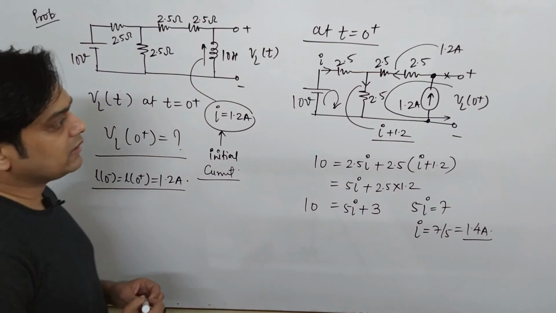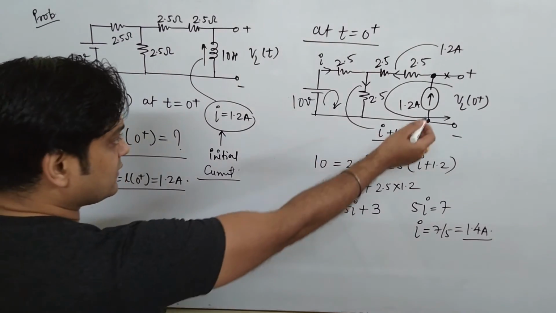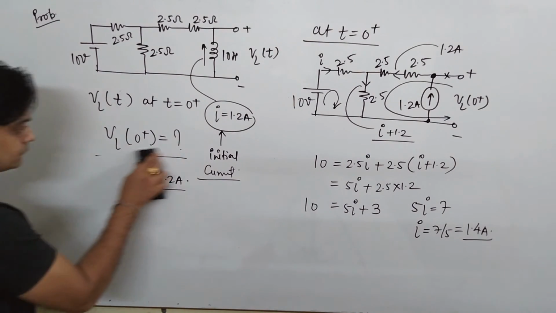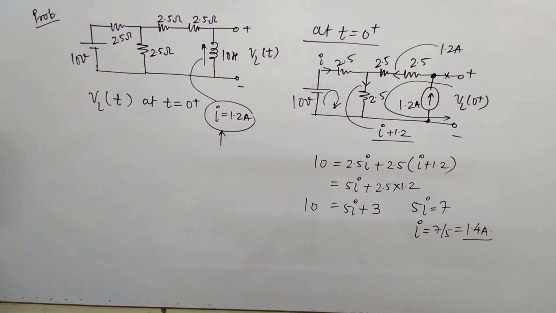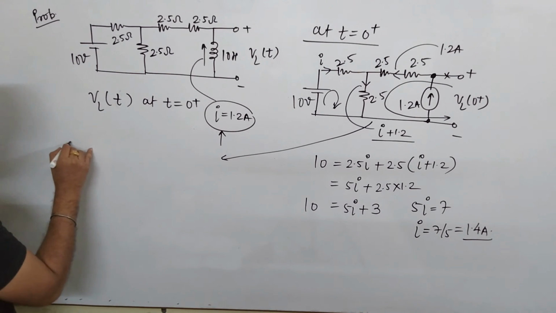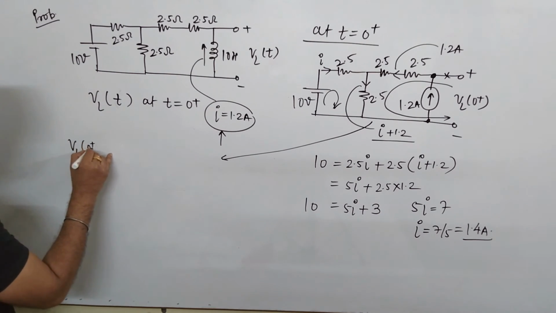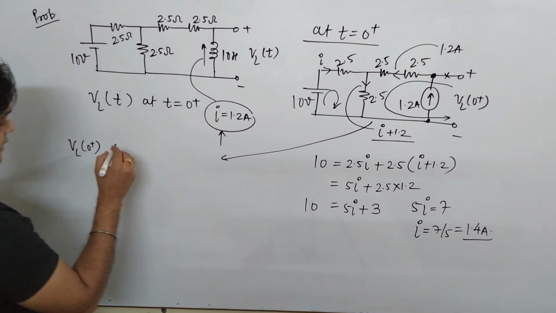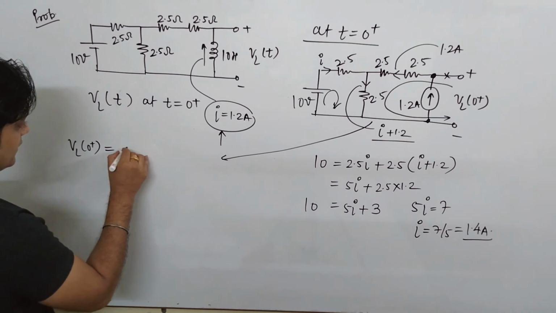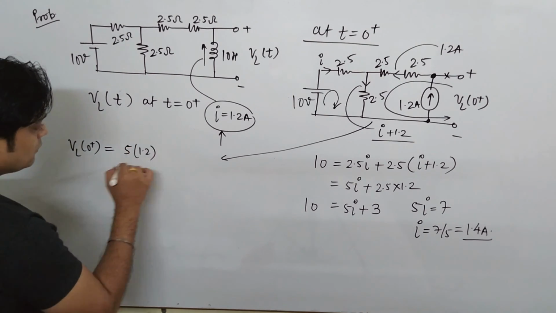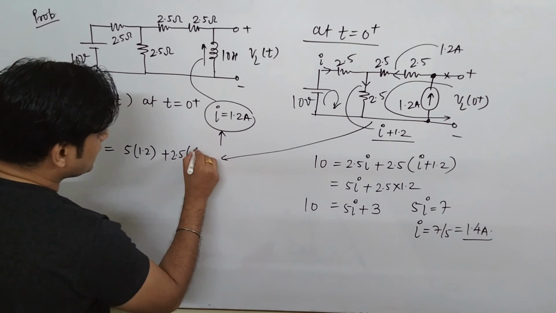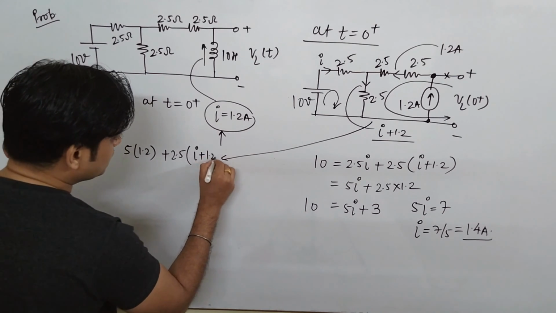Now once you know the value of I, can you find the value of VL(0+)? Yes, just by applying this loop. So here I am applying this loop. Please see, it is VL(0+) because no voltage source exists here. It is equal to, in both the resistances, 2.5 ohm, so I will write it as 2.5 into 1.2 ampere flowing, plus 2.5 into (I plus 1.2).